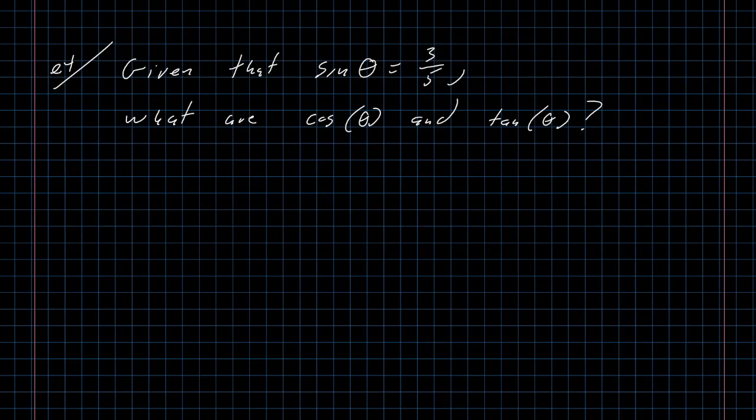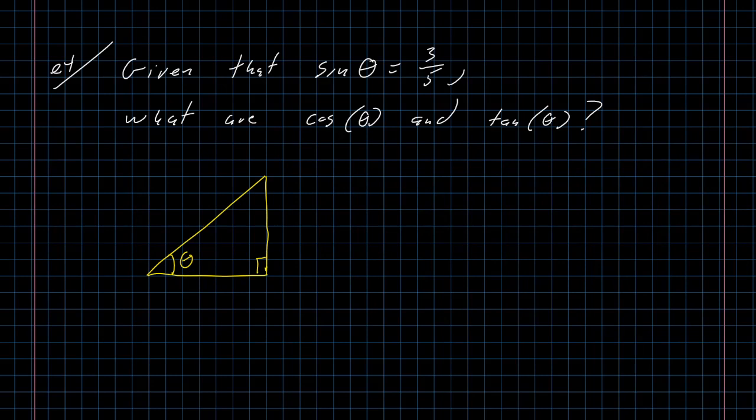Well, you can in fact use a calculator to answer this question, but I want to look for exact values instead. And so in order to do that, I'm going to start by drawing the right triangle. Marking down where my angle theta is and where my right angle is.